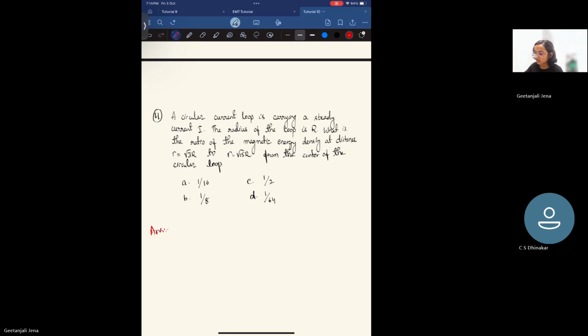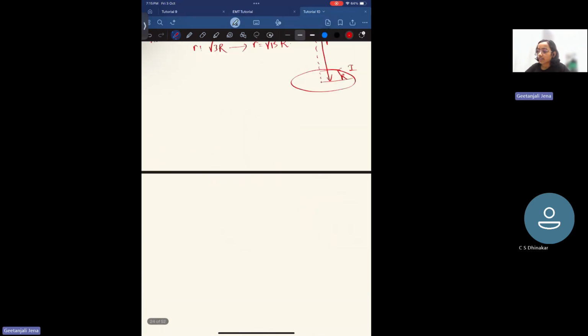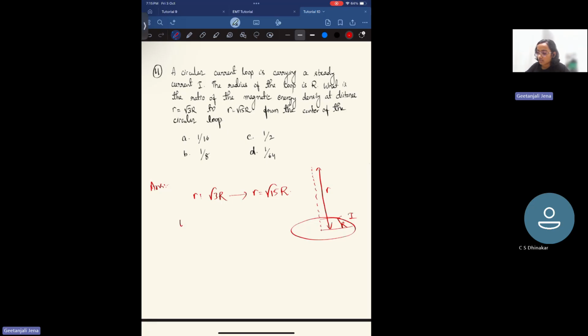So there is a circular loop carrying current I, radius is R. We need to calculate the magnetic field and magnetic energy density for z equal to root 3 R and root 15 R. If you recall, the magnetic energy density is given by B square by 2 mu naught, right?